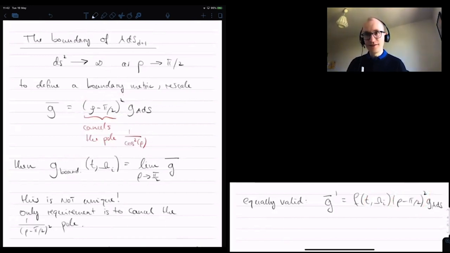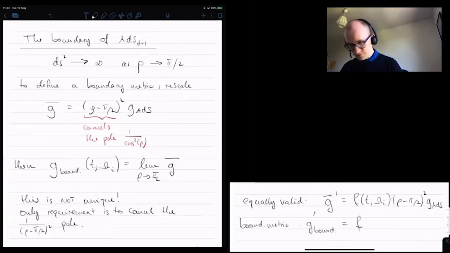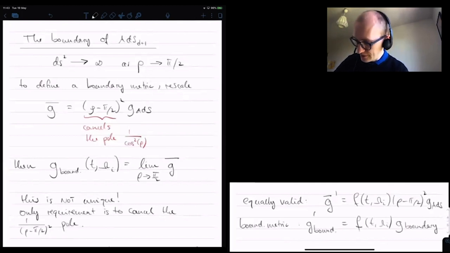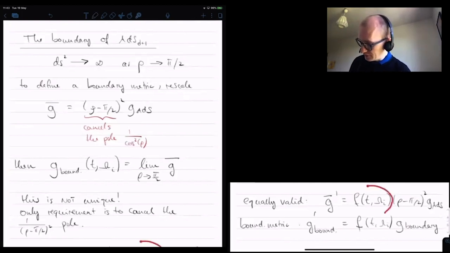So this is equally valid because it eliminates this double pole, but it gives you a different boundary metric, because its boundary metric is, well, you're seeing it already, this G primed boundary is of course equal to f of t, omega I times G boundary. And of course, I hope that was clear, but this function f should be positive definite.